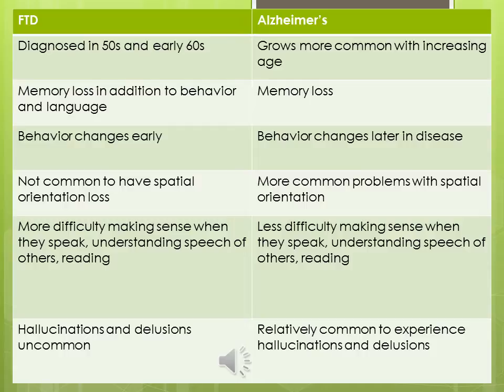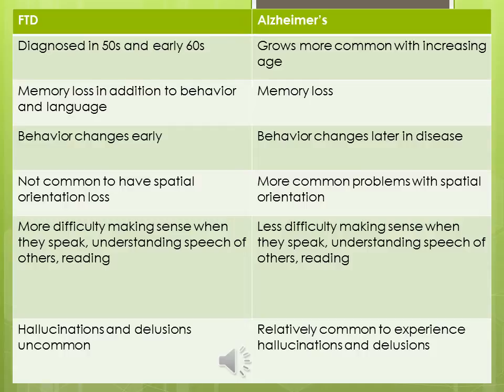With FTD, behavior changes are early. It is not common to have spatial orientation loss. There is more difficulty making sense when they speak or understanding speech of others, as well as reading. And it is uncommon for hallucinations and delusions to be present with people with this condition.